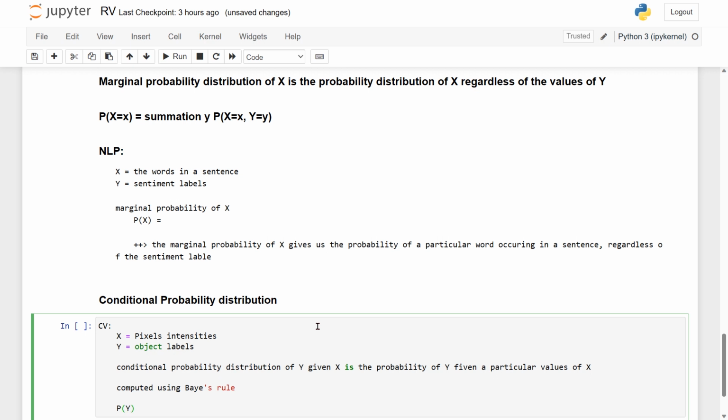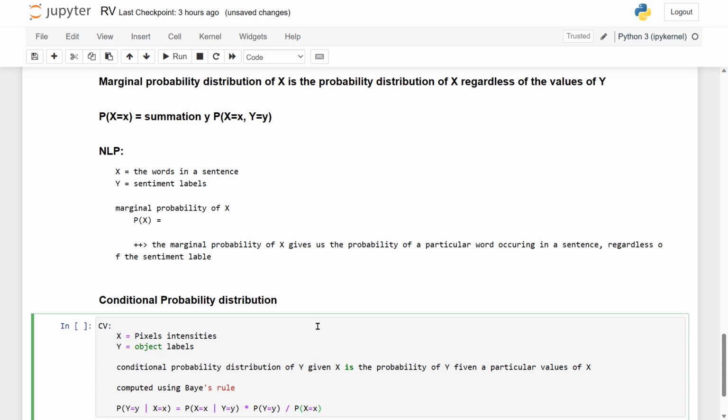P of capital Y equals small y, vertical bar, capital X equals small x, which is equal to P of X equals x given Y equals y, multiplied by P of Y equals y, all divided by P of X equals x.